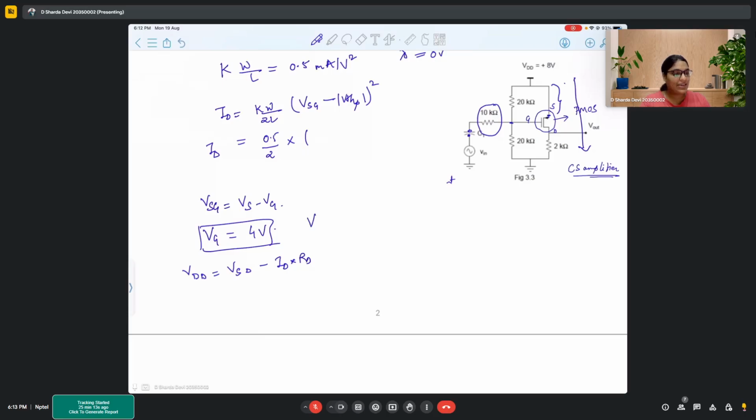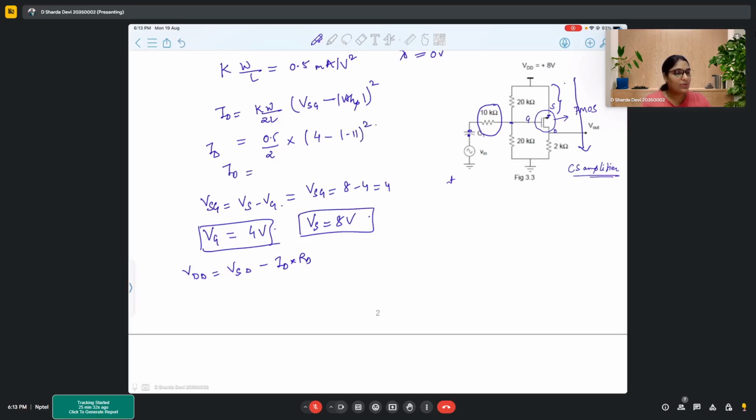So basically Vs will become 8 volts. With this, our VSG becomes 8 minus 4, that is 4 volts. So ID will become (4 minus mod of minus 1) whole square.